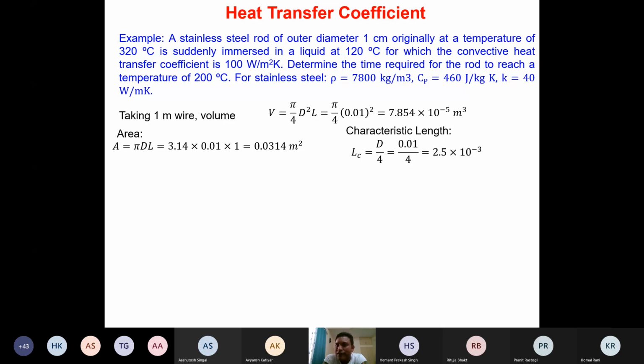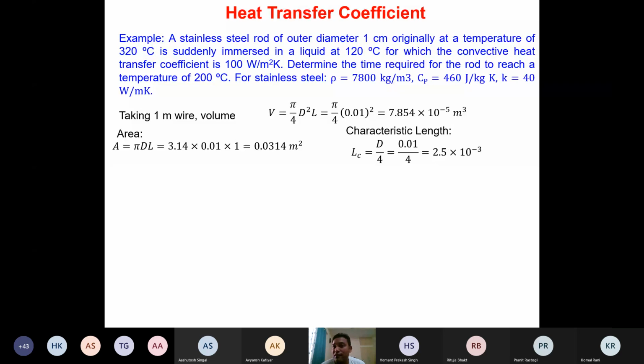In this case we are looking at how much time is required for the rod to reach the temperature of 200 degrees Celsius. The temperature of this entire rod has to decrease to 200 degrees Celsius, but there will be a gradient present in the solid.